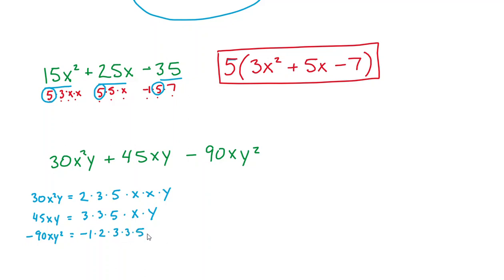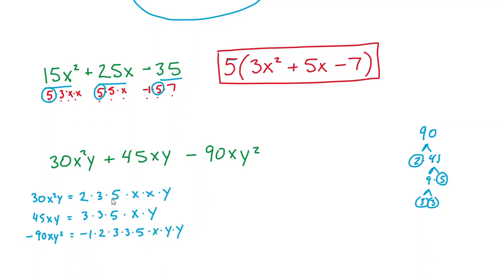However you think about that, if you have to do a factor tree off to the side, 2 times 45, which is 9 times 5, which is 3 times 3, the prime factors are 2, 3, 3, and 5. However you get the prime factors is fine. You can puzzle those out any way you want to, but you need to have a very concrete and complete list of all the prime factors in one place.